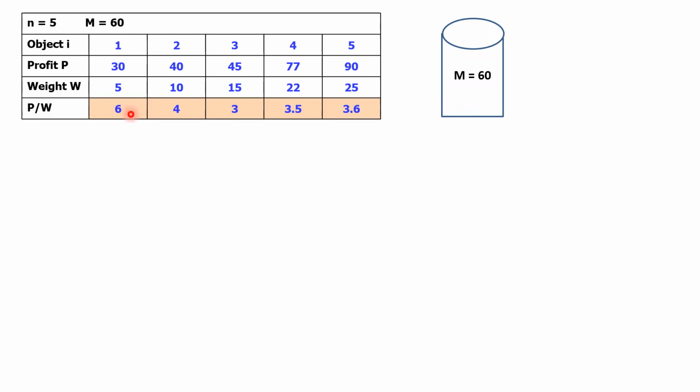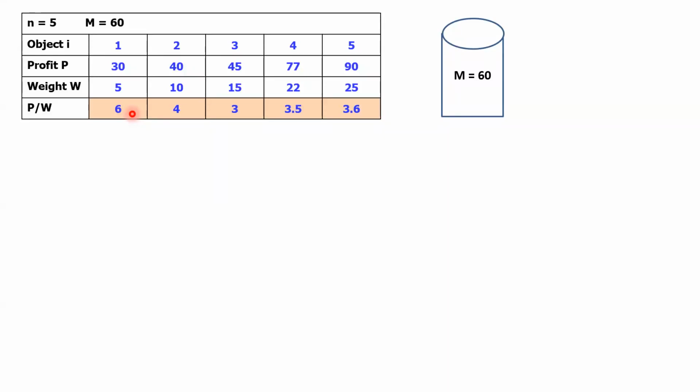You can see that the profit by weight value for object 1 is 6, for object 2 it is 4, and for the others 3, 3.5 and 3.6. Whenever I have to fill up the knapsack with an item, I'll choose the item with the maximum P by W value. So I'll start by choosing object 1 to fill into the bag.